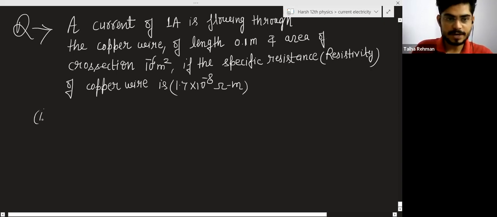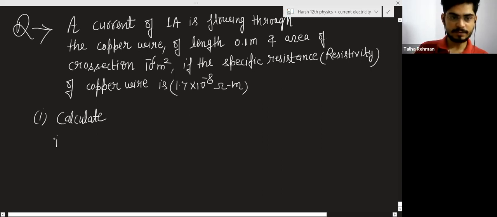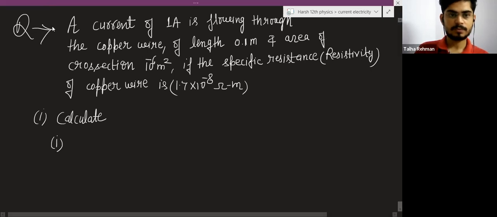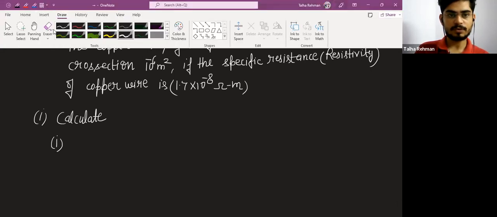First, we have to find the potential difference across the ends. Calculate number 1, potential difference across the ends.